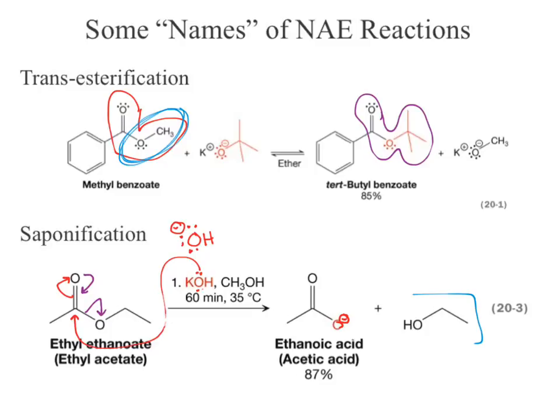But if I want the acid, what do I have to do? Do step 2, which was add acid. Okay, that'll protonate it. Why is it referred to as a saponification reaction? Well, our initial product is drawn up here. We end up with the carboxylate salt and the alcohol.